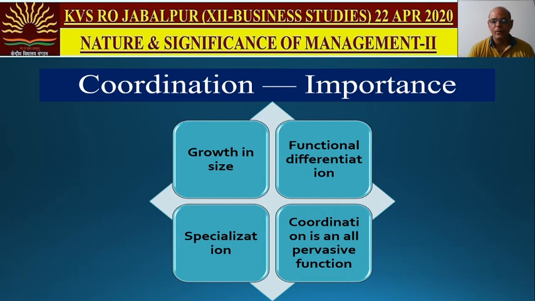We are in coordination with our authorities. Our authorities are in coordination with us and their authorities. So coordination is all pervasive. It is present everywhere. You are doing coordination at your level, we are doing it at our level, and our authorities are doing coordination at their own level. So nowadays coordination has become very important.